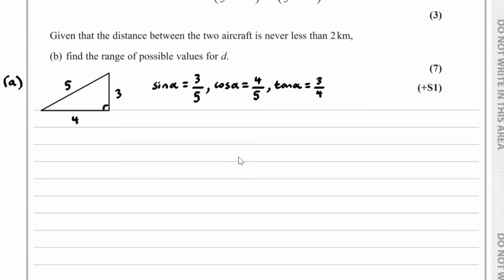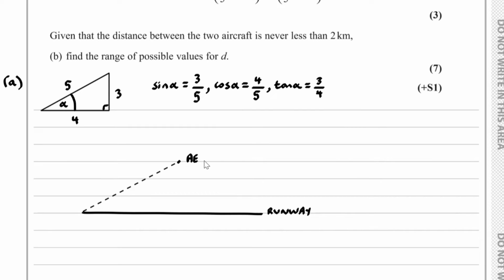So let's draw a diagram to illustrate what's going on. So there's alpha. So here what we have is the runway, and then if I draw a line like this, here is where the aeroplane is. So let's write that down.